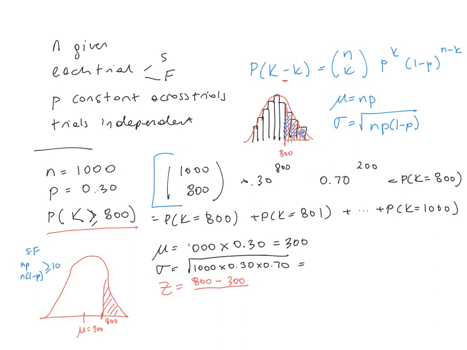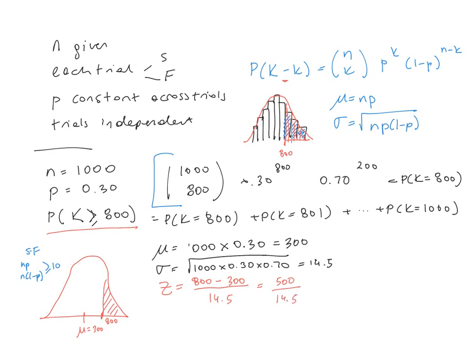Then we need to take the square root of it. So let's call it 14.5, okay? So that would be what goes in my denominator, 14.5. Okay? So this comes out to be 500 divided by 14.5.